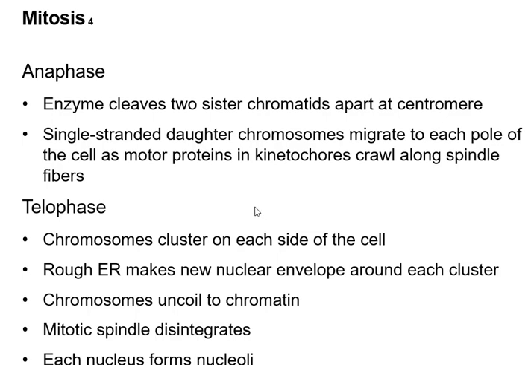As soon as you line up in the middle, an enzyme is going to come and it's going to separate the centromere. And because they're attached to the microtubules, it's going to pull the chromosomes one direction, one the other.